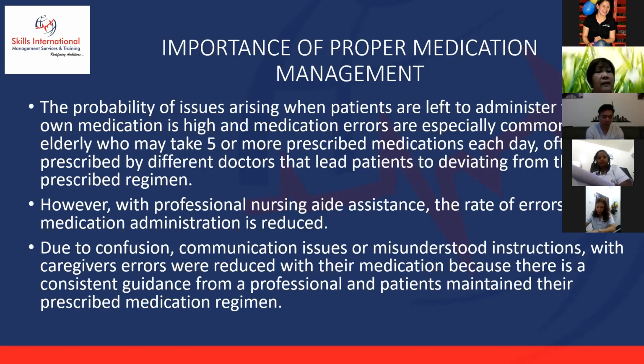Okay, so the medication error will be reduced because now it is in your hands. You will be the one to administer medication to the right patient, at the right time, with the right medications.